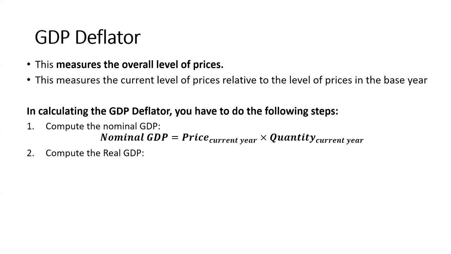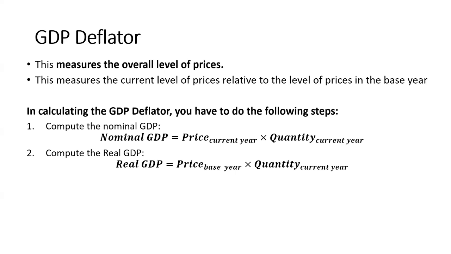So we measure the goods here in terms of the output or the real value of the output. In computing the real GDP, you simply multiply the price of the base year by the quantity of the current year. So here, instead of using the current price, we use the base year's price.